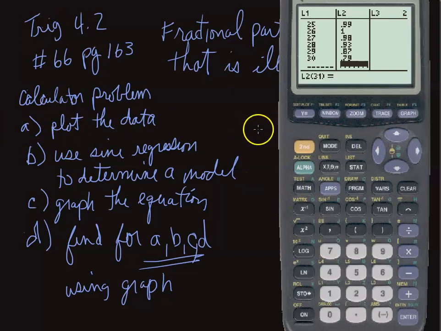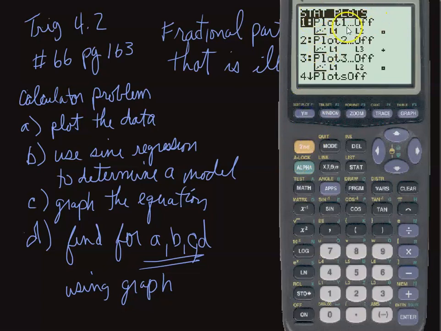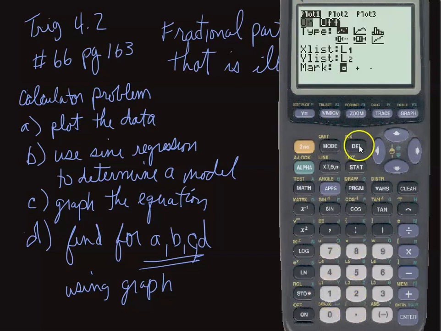Now, how do you plot the data on your calculator? You can do this with some graph paper too, and it can be pretty nice, really. If you go above this y equals, second y equals, you get to the stat plots. Unless you need more than one, I always choose number one. And first thing you do is turn it on. The type will be a scatter plot.